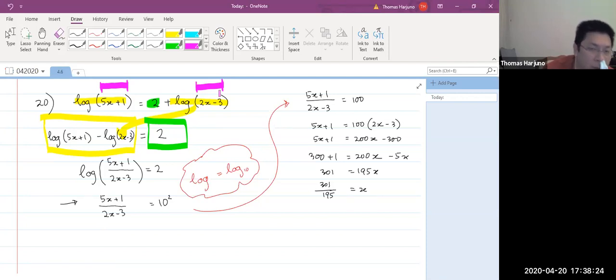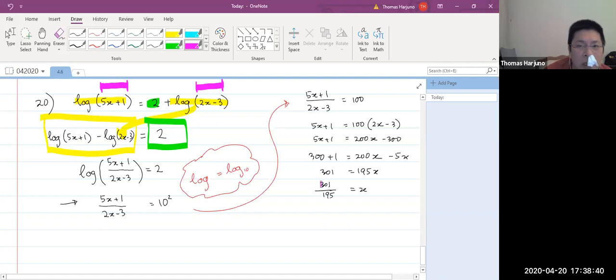Radical equations with even index, you have to show the checking formally. But for log, you can just visually see that when you plug that in, if the argument turns out to be negative, then you cross it out. I believe this one will be positive because this is approximately 1.5, more than 1.5. When I plug in here, more than 3 minus 3 will still be positive. This guy, x is positive, so the whole thing is positive. Okay, so that's the answer.